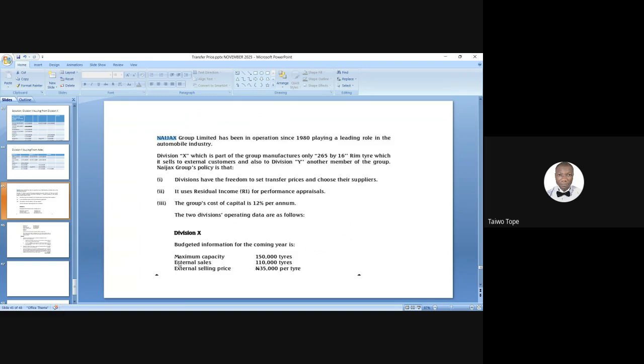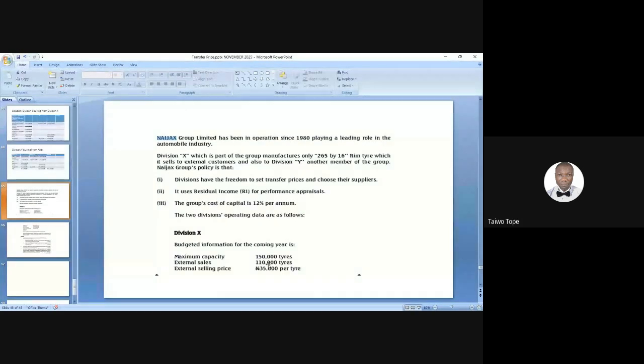Now, the maximum capacity division X is having is what? 150,000 tires. Overall, what they can give out externally is 110,000 tires. The remaining 40,000 tires will be a waste if division Y is not buying it.